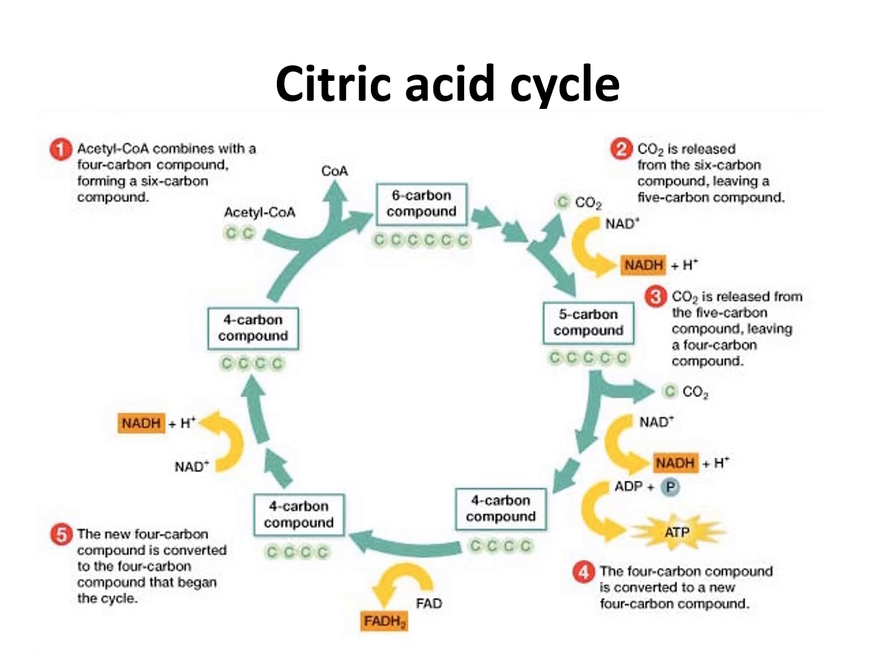Pyruvate then needs to be converted into acetyl-CoA, and then it will go through this cycle to produce a lot of NADH and FADH2, and that NADH and FADH2 will then be used in the electron transport chain to donate its hydrogen, then to provide this oxidative phosphorylation.